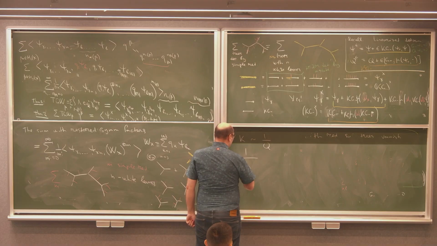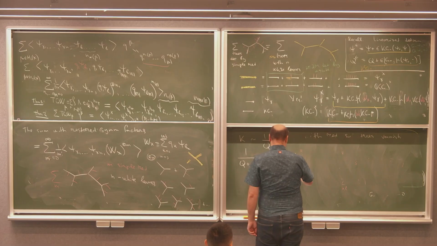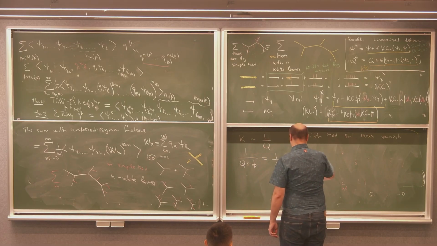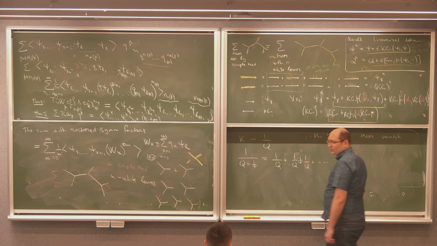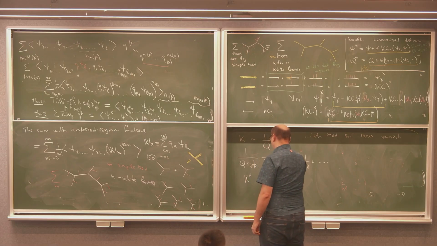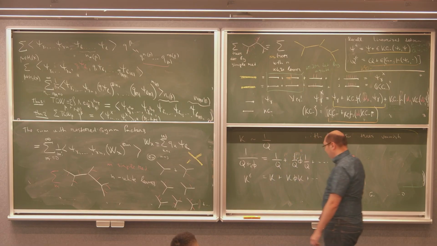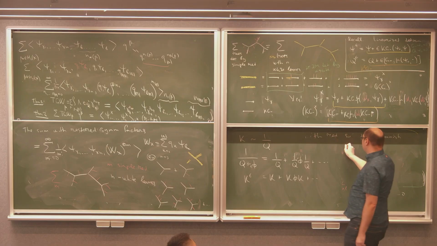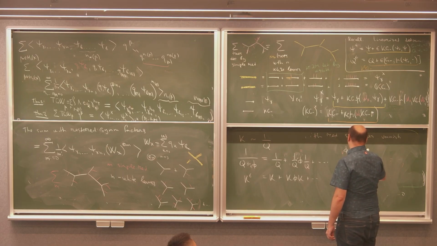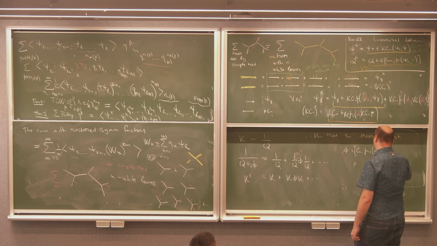So now if I have q plus something, plus phi, I can write it as 1 over q plus 1 over q phi 1 over q and so on. So the deformed k will be k plus k phi k plus so on. Now our deformation phi is g minus commutator with multiplication by something.